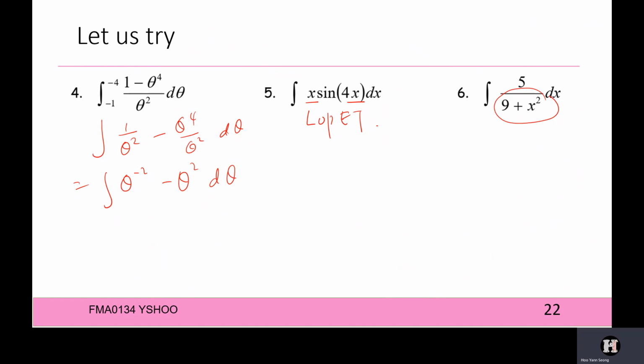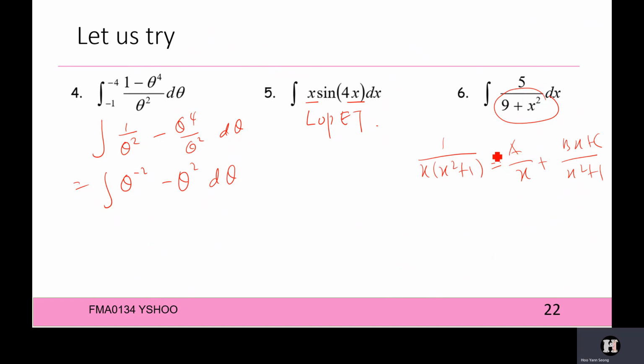When it is an irreducible quadratic, you always, still remember that time, when you have a combination of this one, what you do is you change it to A over x plus (bx plus c) over x squared plus 1. For an irreducible quadratic, your top you always put is bx plus c. But seeing here there is no bx plus c, so you cannot use substitution.